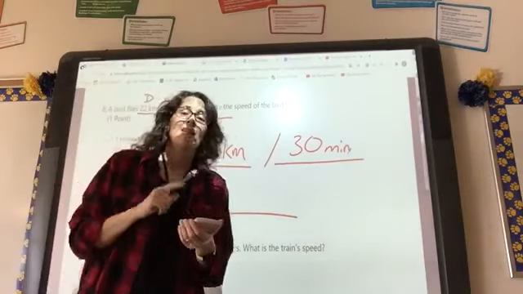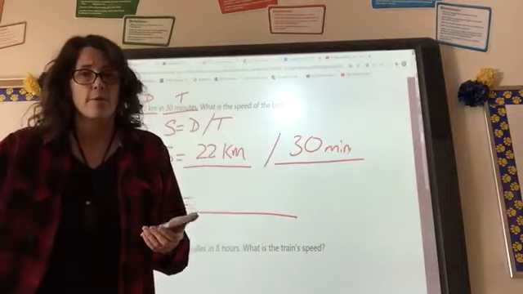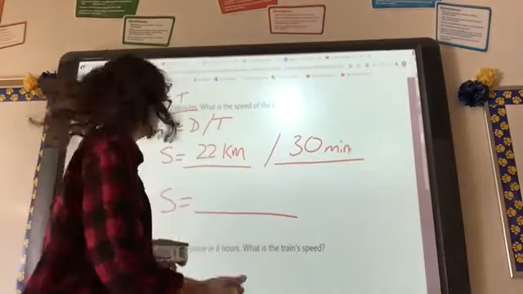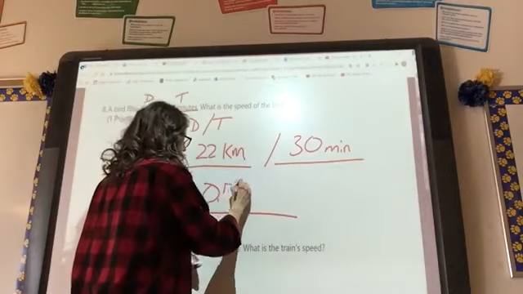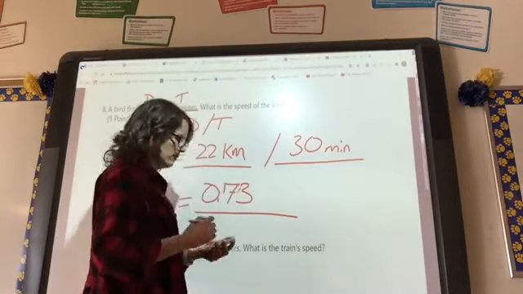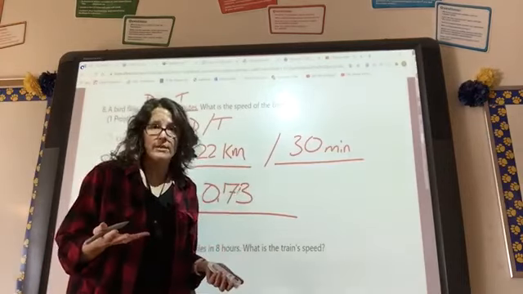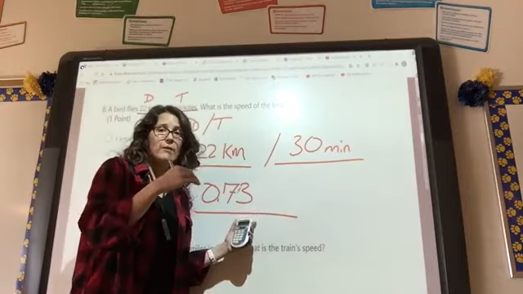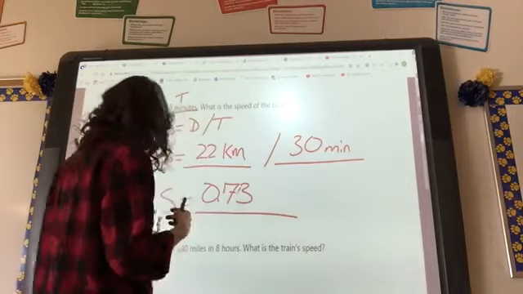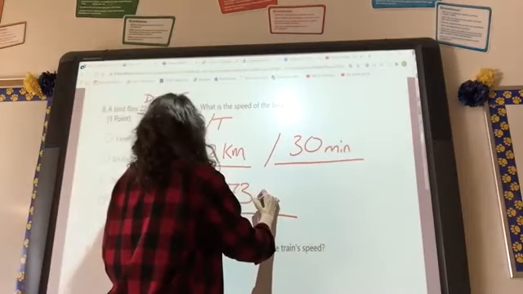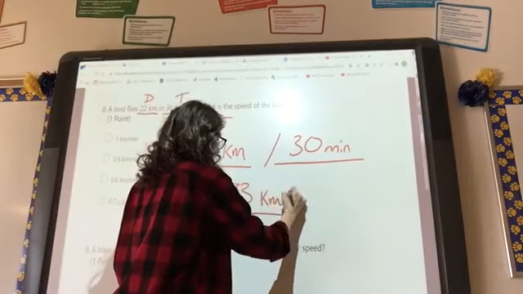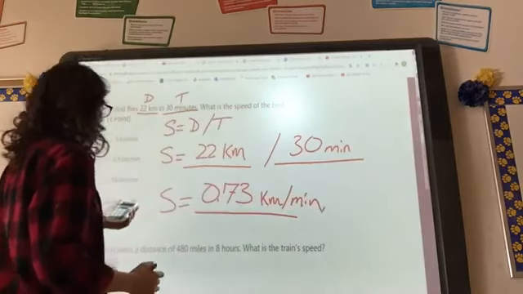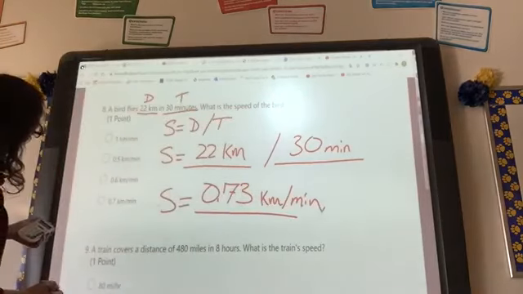And that's 0.73333333. Remember, I only want 2 decimal places. Okay, so we've got 0.73, and I don't need any of those other 3's, right? 3 is smaller than 5, so that's not going to change. So we've got 0.73 kilometers per minute.